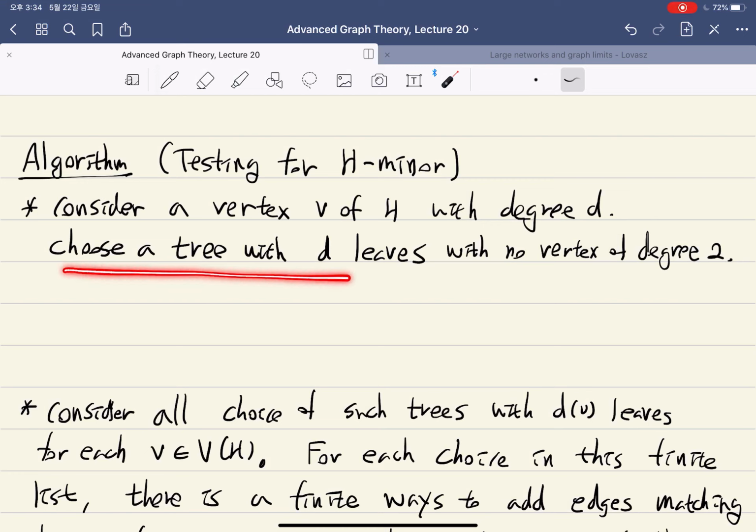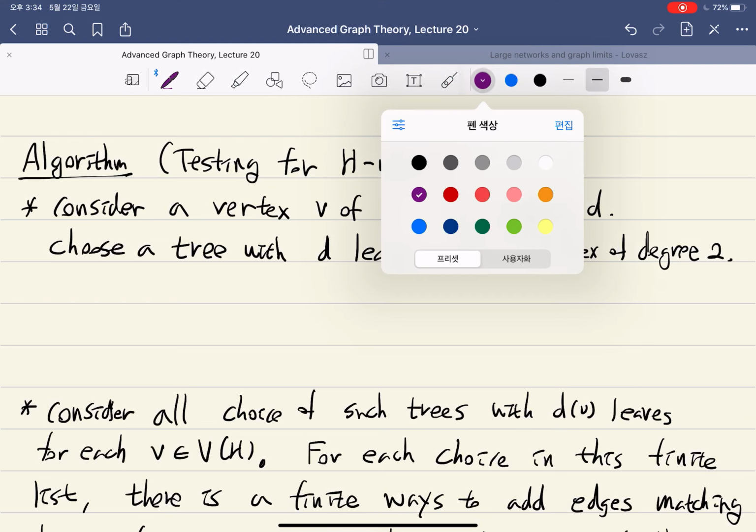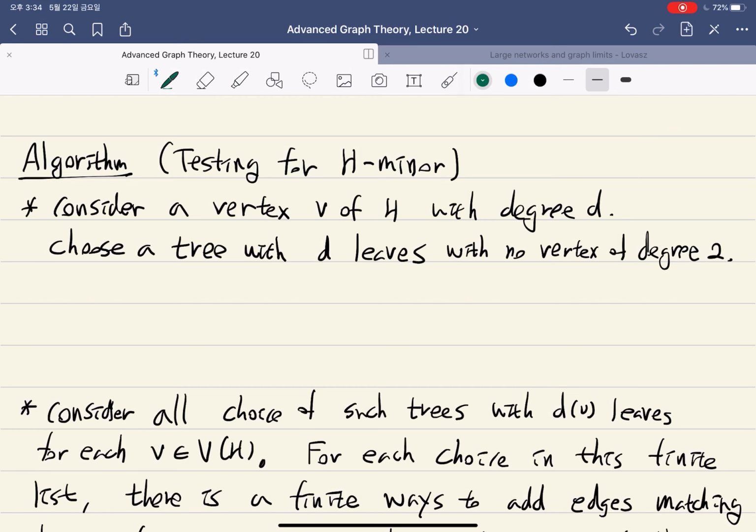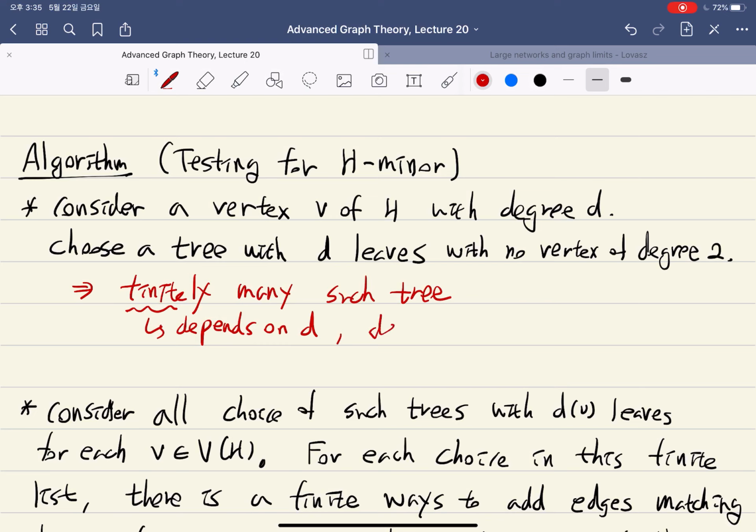So if you fix the number of leaves, and you assume that there is no vertex of degree 2, then the number of vertices in a tree is bounded. So there are only finitely many such trees. Here, finite means that this depends on D. In other words, this depends on H.